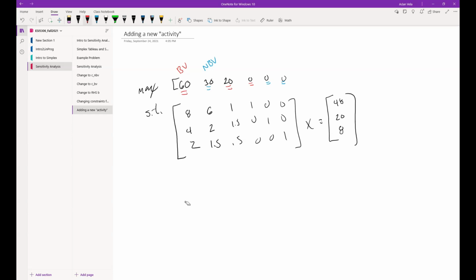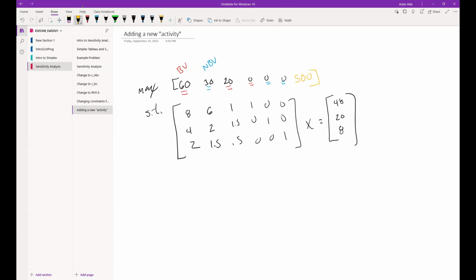So maybe in the process of doing that, you say, well, in making new cell phones, my profit will be $500 per new cell phone. Okay.